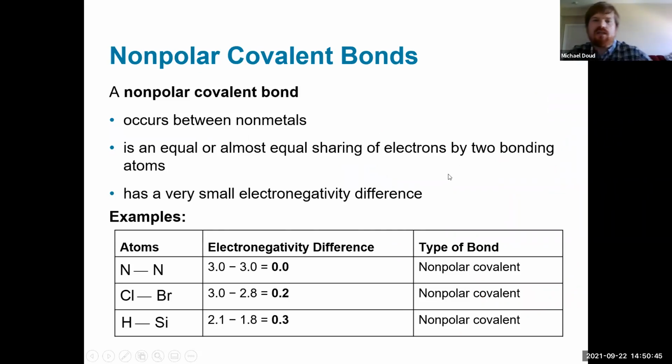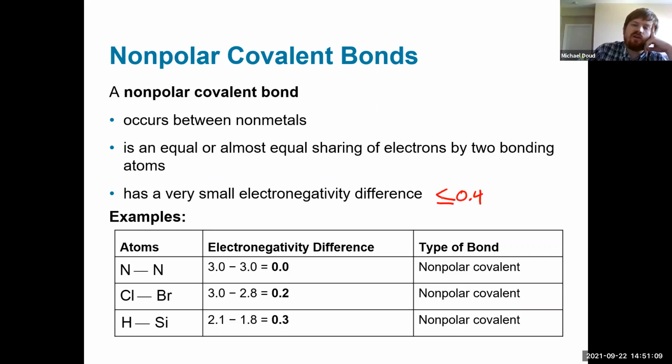Okay, now what's the difference? How do we know when a nonpolar covalent bond is going to form versus a polar covalent bond? Well, a nonpolar covalent bond is going to form when we have a very small electronegativity difference. So this electronegativity difference should be less than 0.4.